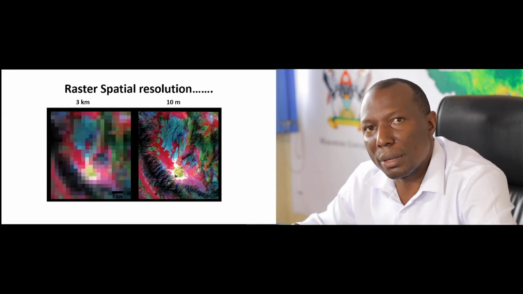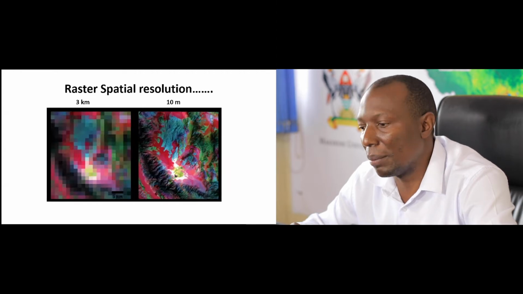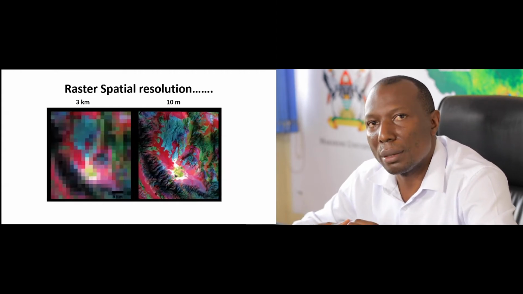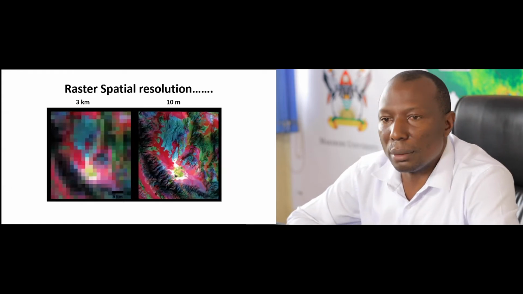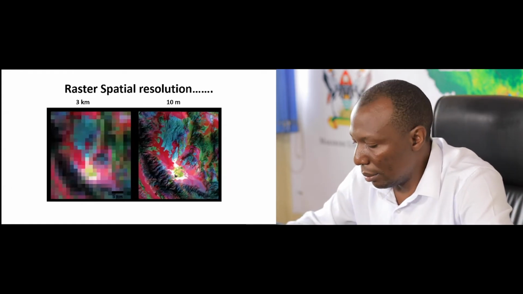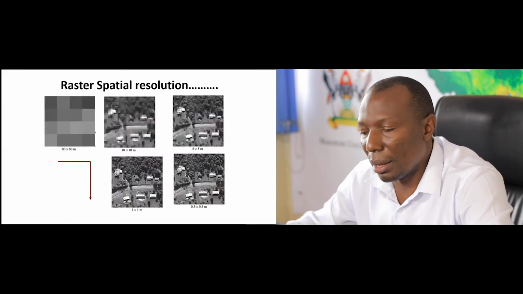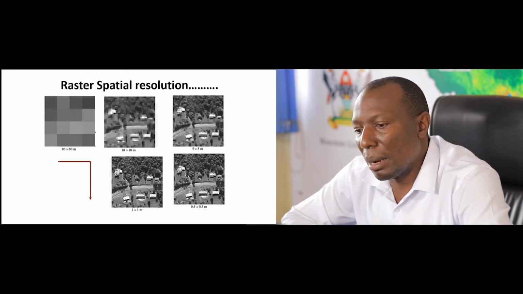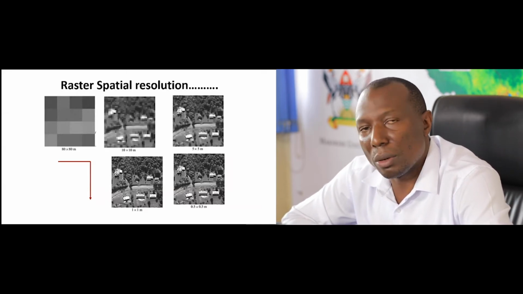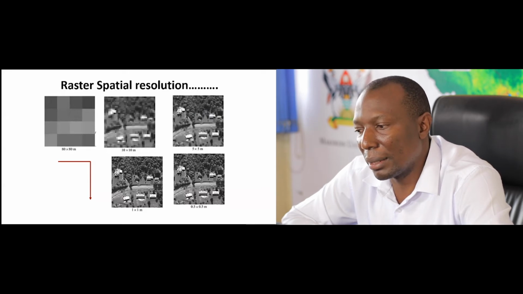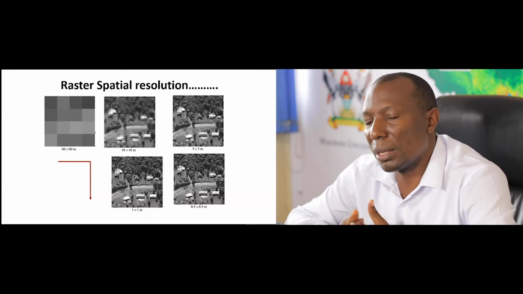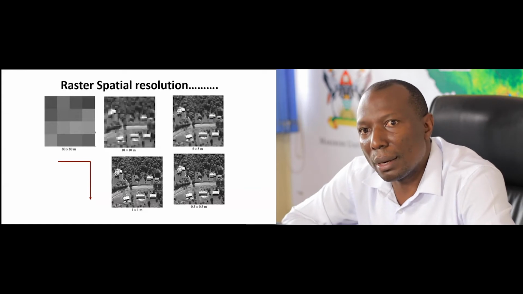So that's an image of 3 kilometer and then also 10 meter, so that you're able to see the comparison: the lower the resolution, the higher the details. So in terms of spatial resolution, again, you see a 10 by 10, 5 by 5, and then 0.5 by 5. So all these give you an area.